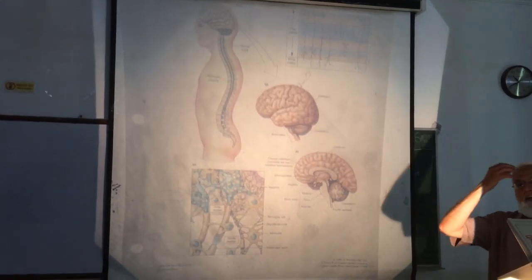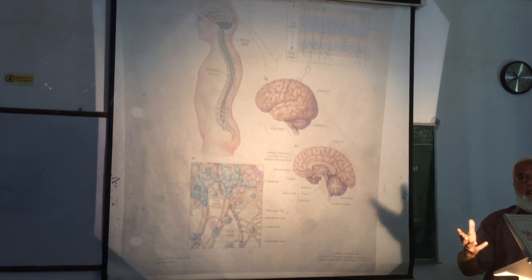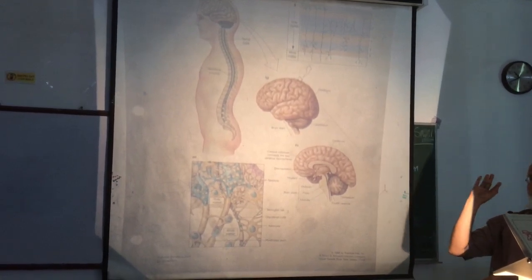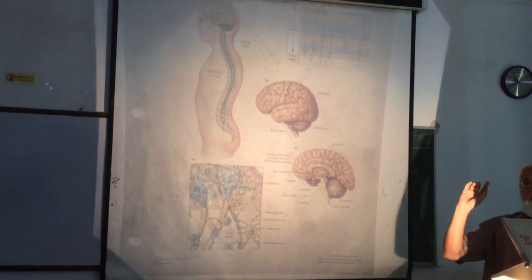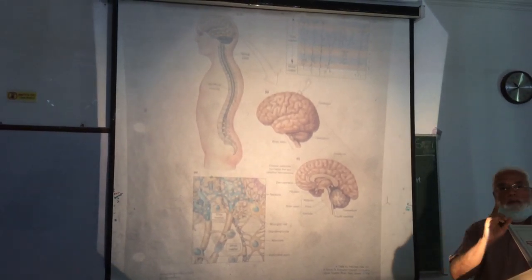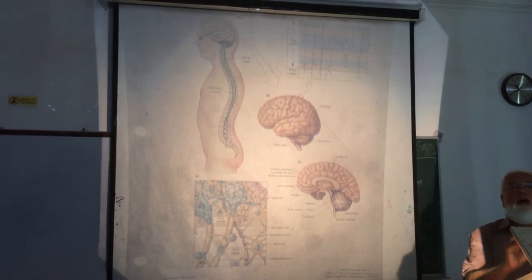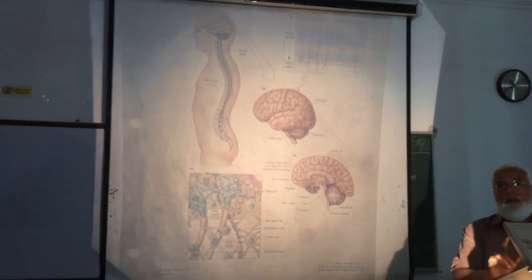Say, a bright light is shown behind me. So my head and eyes turn immediately back to see the bright light. So the reflex response to visual stimuli is provided by the superior colliculi.